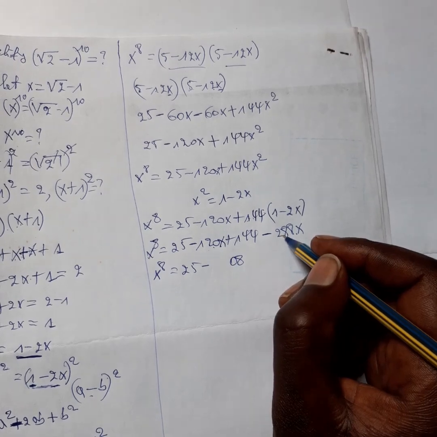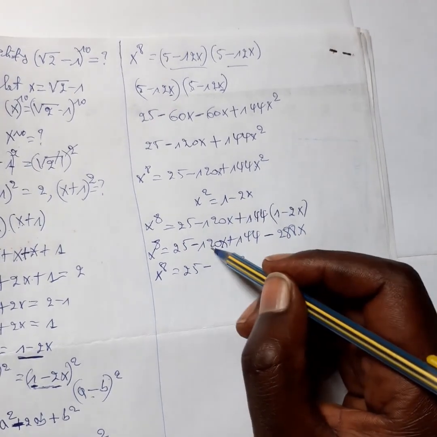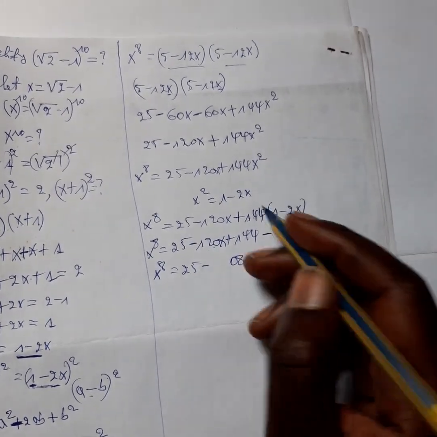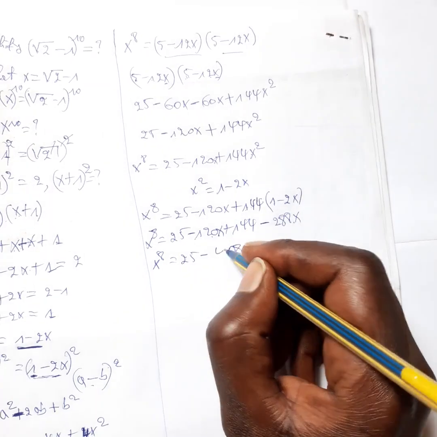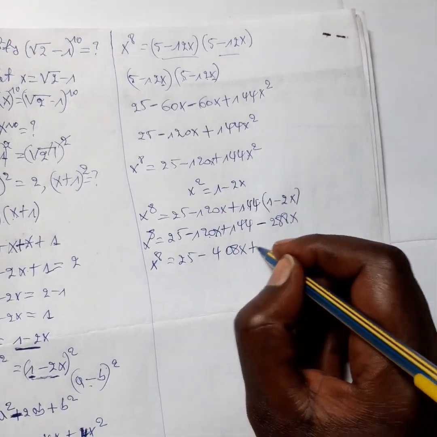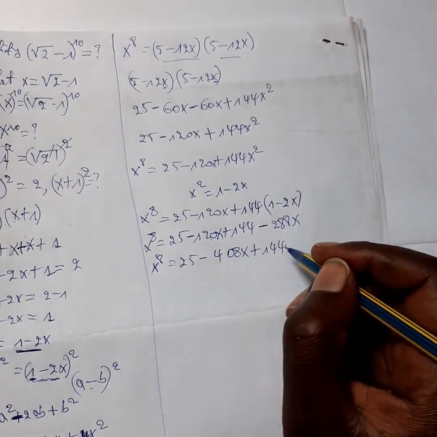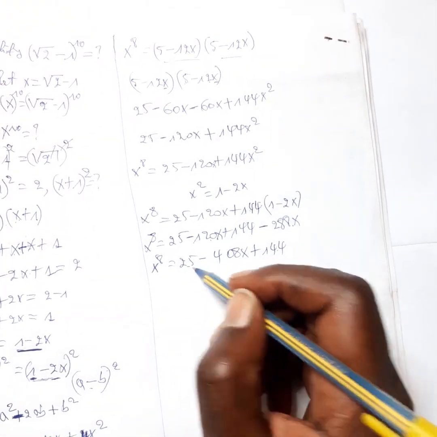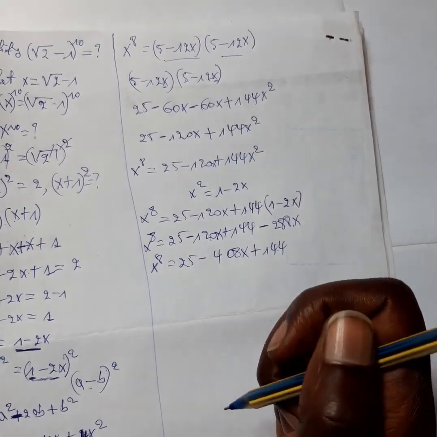Then 2 plus 1 is 3, plus that 1 remaining, which is 4. So 4x, then plus 144. This one plus this one will be 169.